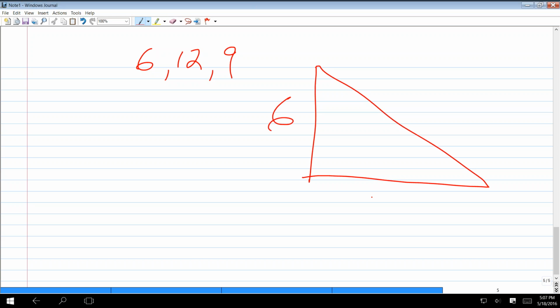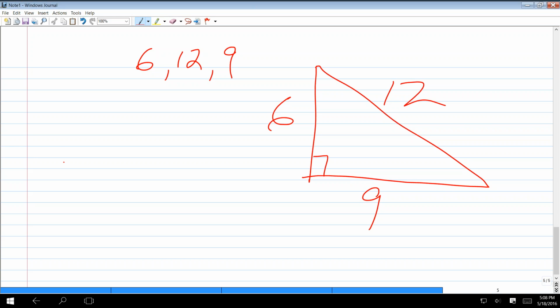Okay, well, if it's a right triangle, this would have to be true, right? Yeah. In other words, the hypotenuse would have to be the 12. But it's not a right triangle. No, because that doesn't satisfy the Pythagorean theorem. In other words, 6 squared plus 9 squared is not equal to 12 squared. So it's not a right triangle.